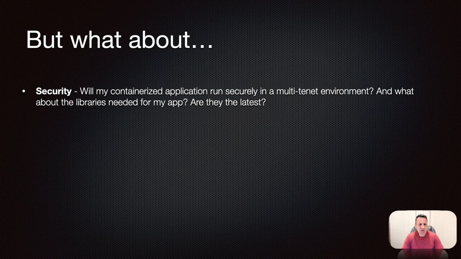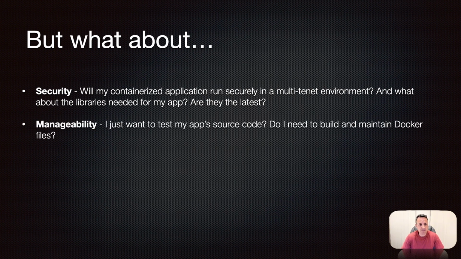And what about those libraries in the app? Are they up to date? Do they address the latest security concerns? If you've ever developed in Python or Node.js, you know that you need to update those dependencies frequently to address CVEs and whatnot.